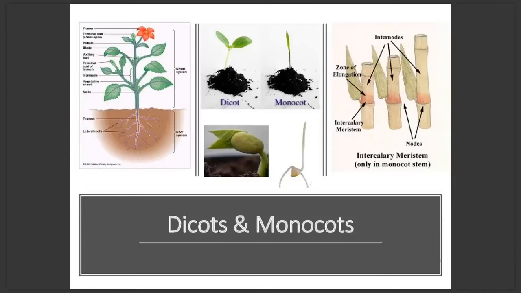On dicots, the meristem, or area of new growth, is located on the tips of the stems, whereas on monocots, on the other hand, the area of new growth is all along the stem. So if you look at the picture on the very right of the monocots, that orangey red area on the stem, that's the area of growth. And there'll be areas of growth like that all up and down that stem, everywhere there is a node.